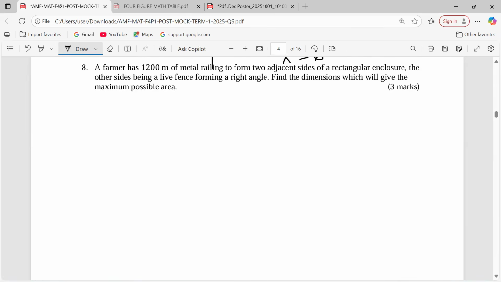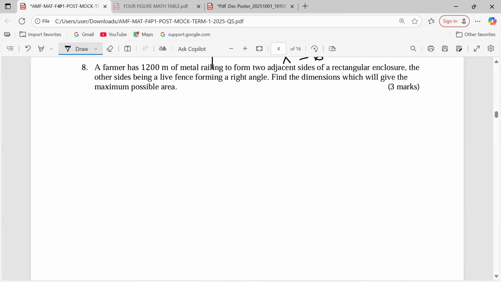Number 8. A farmer has 1200 meters of metal railing to form 2 adjacent sides of a rectangular enclosure, the other sides being live fence forming a right angle.